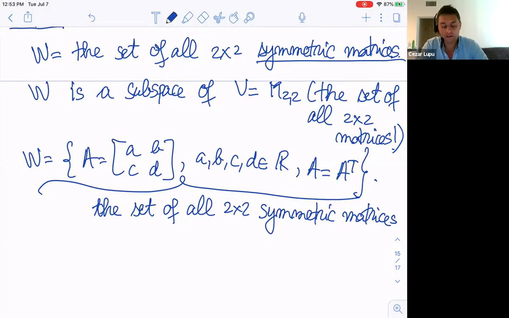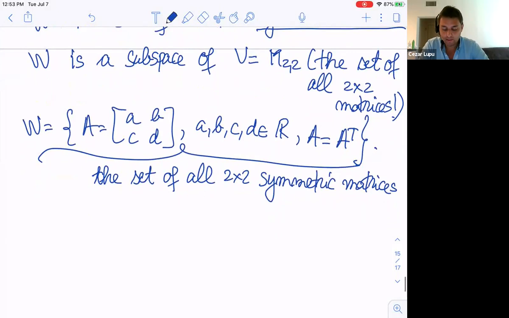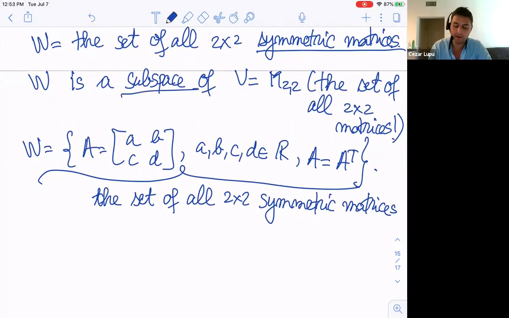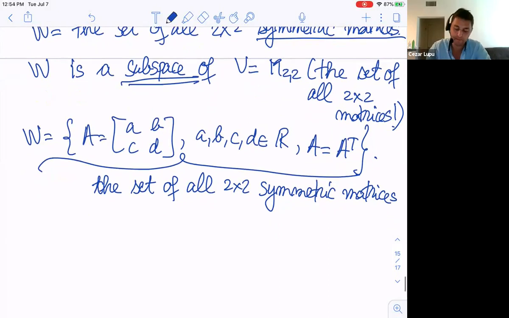So this is the set of all 2 by 2 symmetric matrices, and we want to see that this is indeed a subspace. So we need to check two things. But before we even check those two axioms, what is the first thing we need to check?